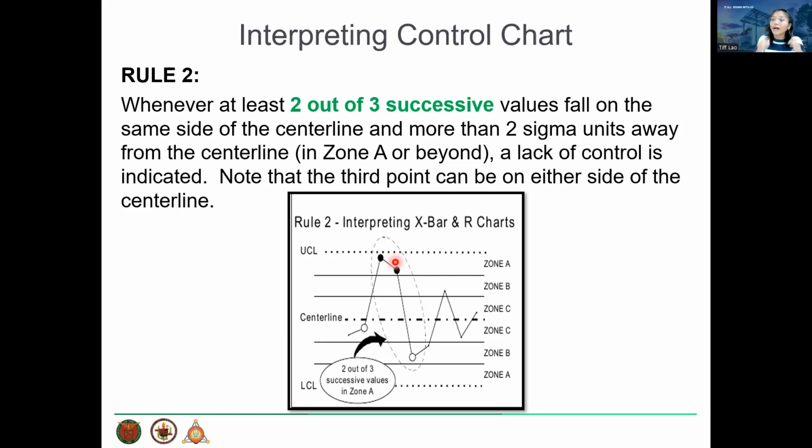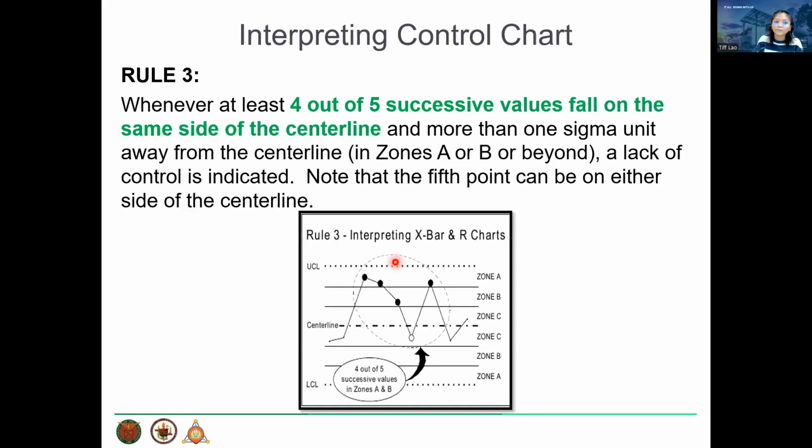Next, rule 3. If you have 4 consecutive values in zones A and B, it is out of control again, non-conforming. Clear?